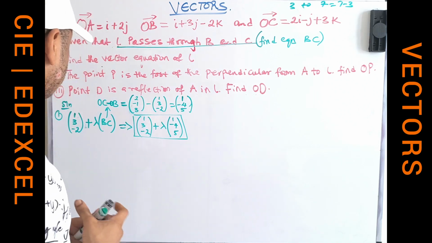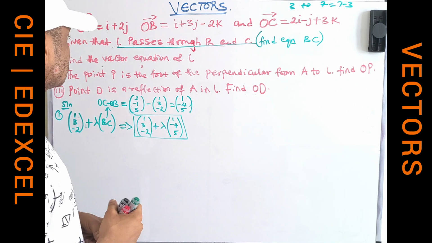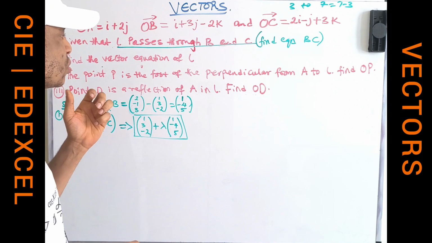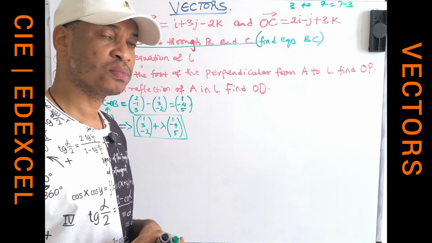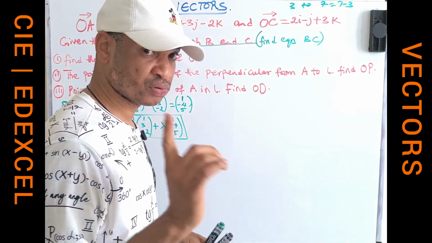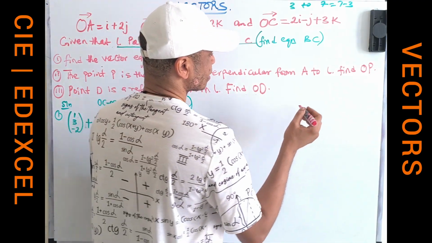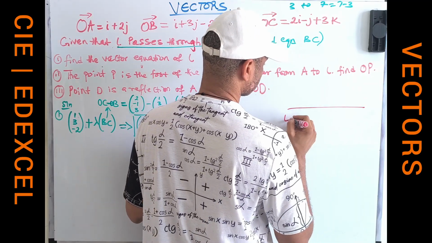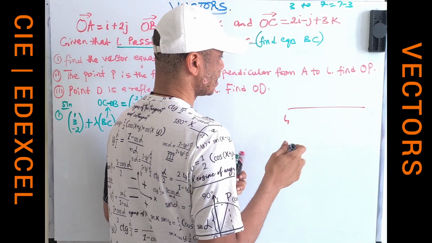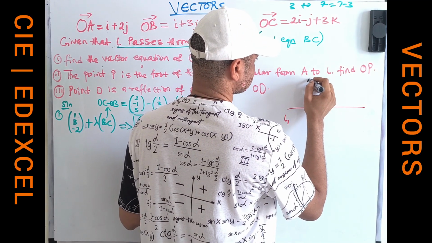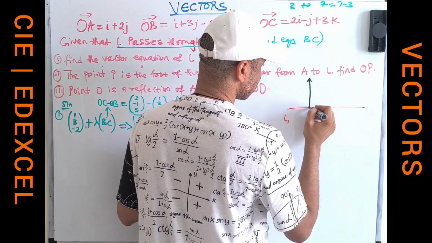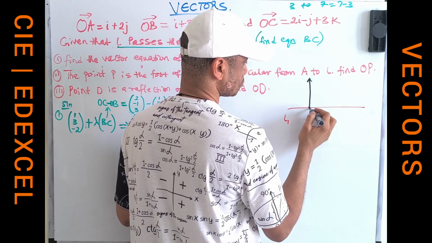The second part tells me the point P is the foot of the perpendicular from A to L. Now people struggle with this. Have a line L1 and have A. A meets L1 at P, that's the foot.